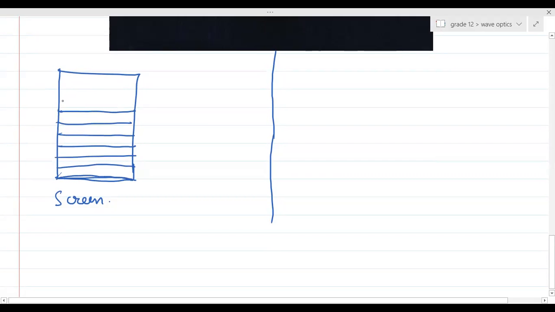When you get too far away, they start getting hyperbola. The central one will be bright, then you will get a dark fringe, then again a dark fringe over here. Are you getting my point? ऐसा कुछ पैटर्न दिखता है.